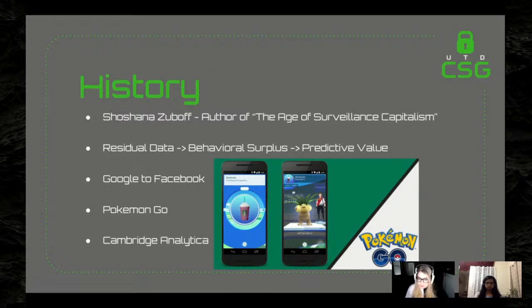And they exercised these methods while bypassing user awareness. So not only is the predictive value of the data that is accumulated by this residual data of value, but also the applications for manipulation is of value.